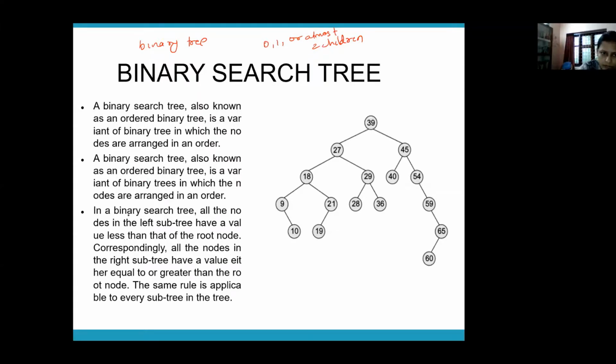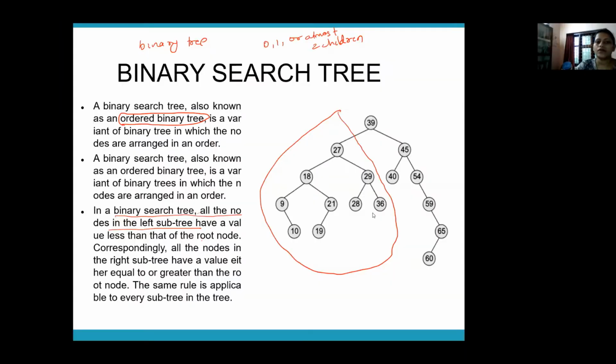See, in a binary search tree, all the nodes in the left subtree have a value less than the root node. Who is the left subtree? This. Okay, so we are talking about binary search tree. This is the left subtree, correct?